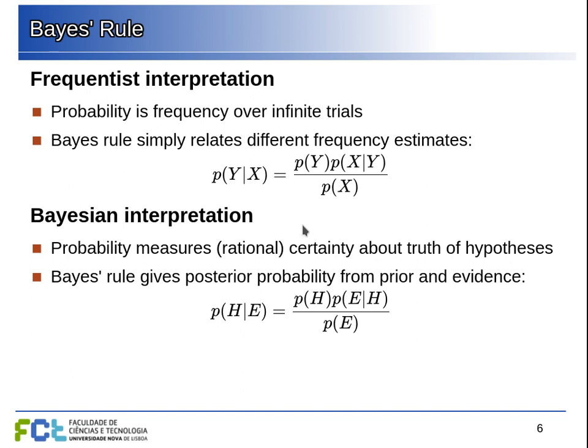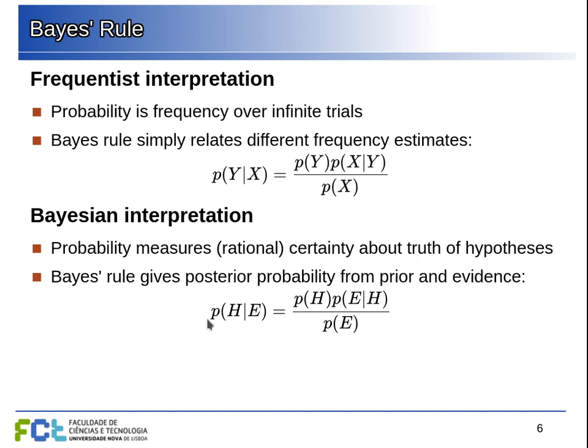They may not be random. It's about our confidence or our certainty on those hypotheses. And in this interpretation, we can see these Bayes rules as allowing us to revise our confidence in some hypothesis based on the evidence we acquire.